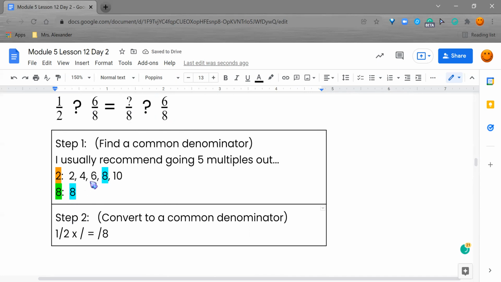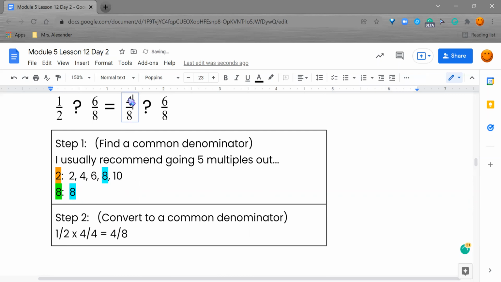Remember, 8 is my common denominator, so I need an 8 at the bottom. 2 times what number is 8? If you don't know, just count: 1, 2, 3, 4. So it's 4, and when I do the bottom, I do the top. 4 over 4 makes one whole, you guys. Now I'm going to do 1 times 4, which is 4. Good job.